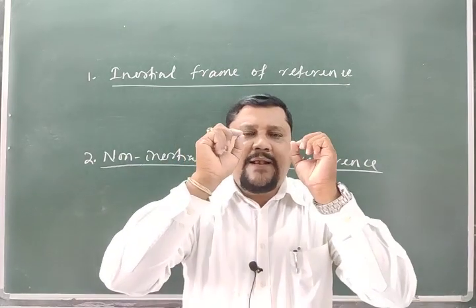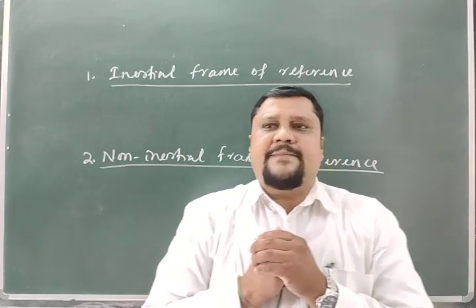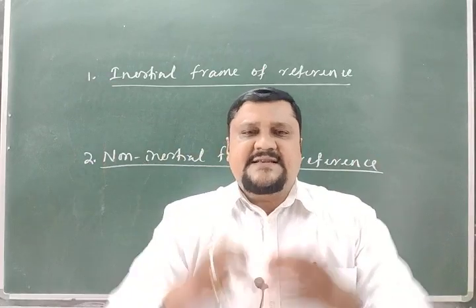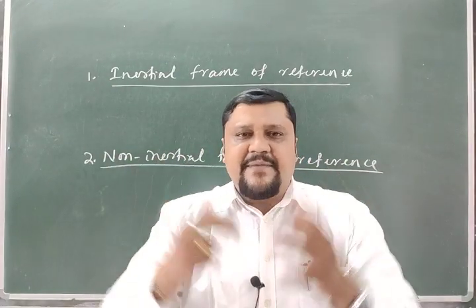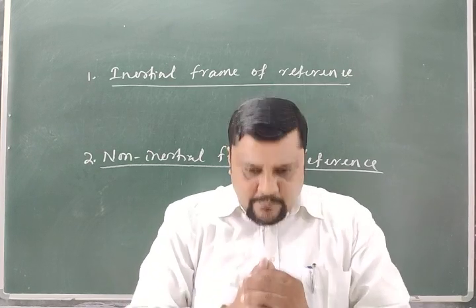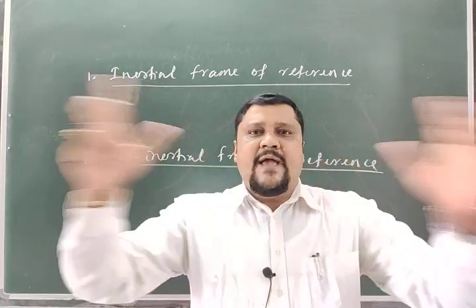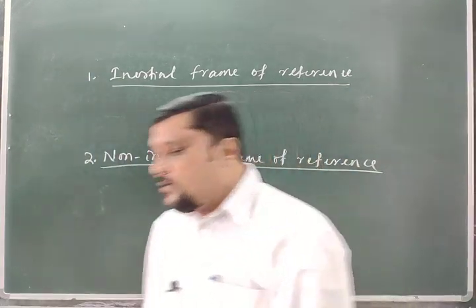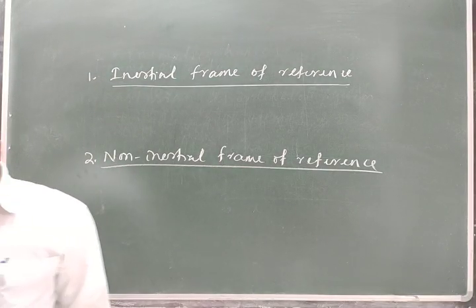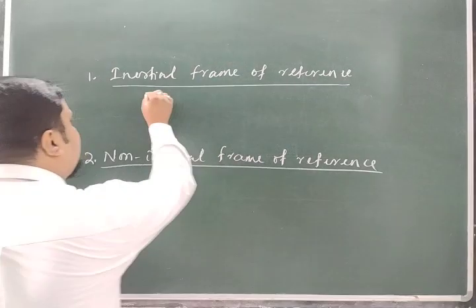When I ask you about a frame of reference, you say that yes, I am a frame of reference and I am observing an event, the position or the distance or any parameter of an object, and I am at the origin of an xyz coordinate system. So what is this inertial frame of reference? A frame of reference which is either at rest or moving with uniform velocity.